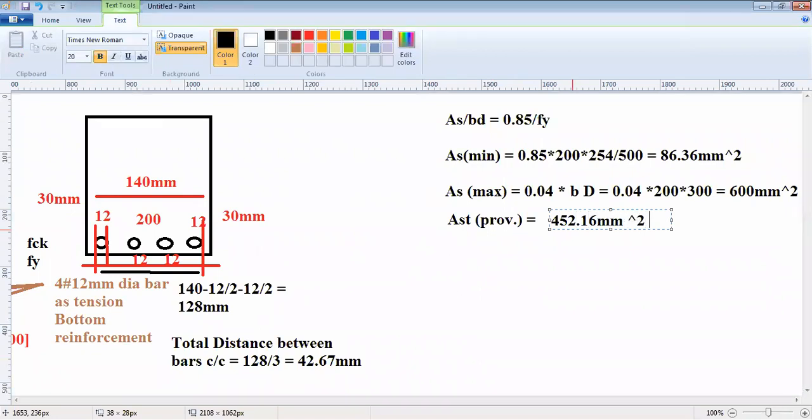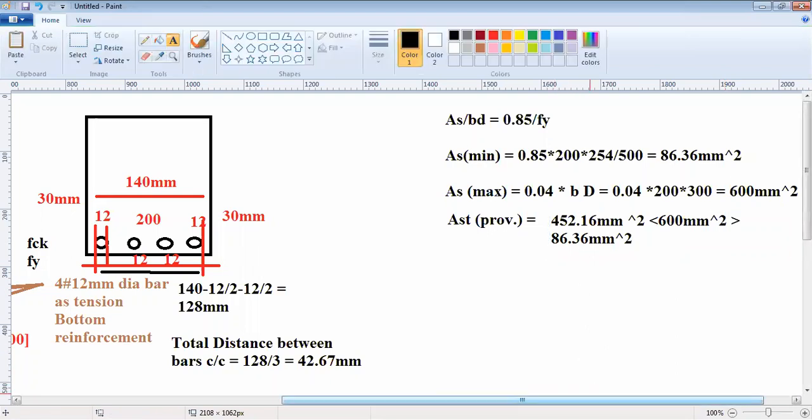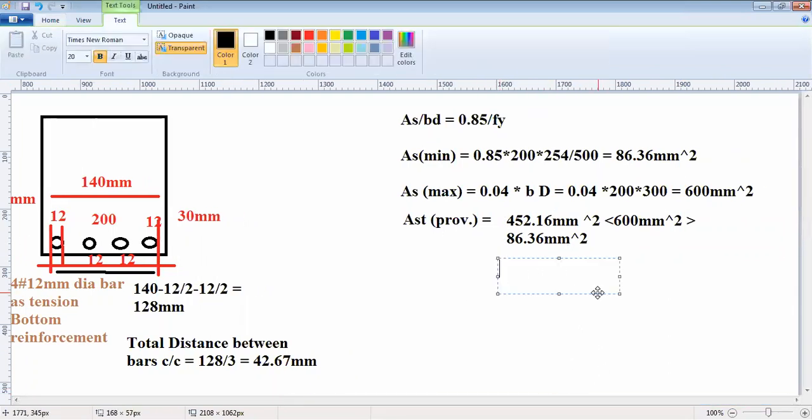Now that is less than 600 mm square, which is maximum, and it's greater than 86.36 mm square, जो कि minimum है. So it's meeting all these requirements. So it's greater than As minimum and it's less than As maximum.